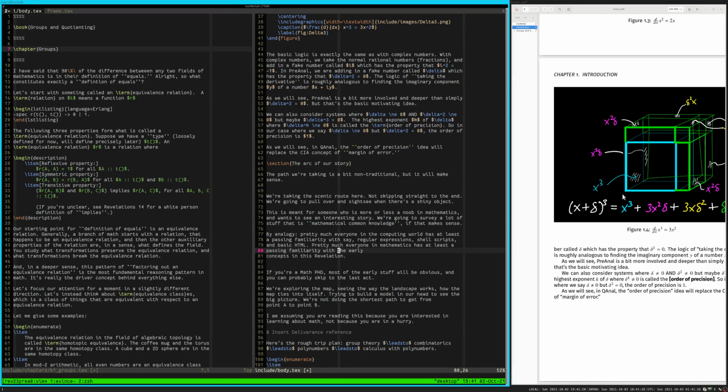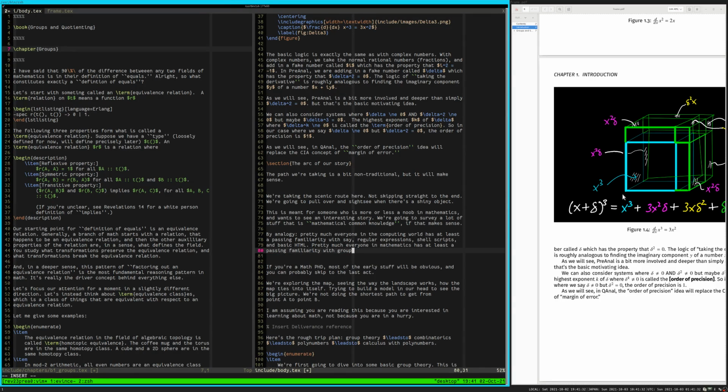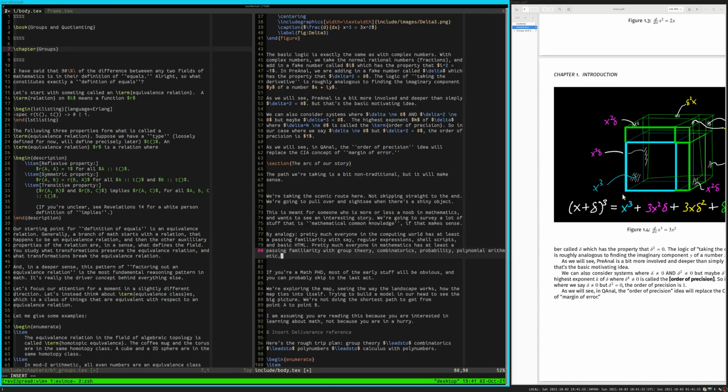Has at least a passing familiarity with group theory, combinatorics, probability, polynomial arithmetic, and calculus.